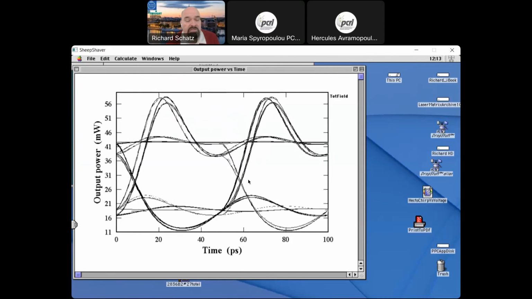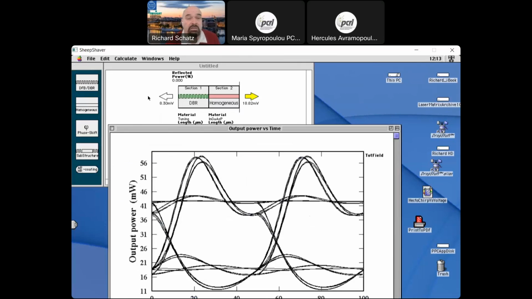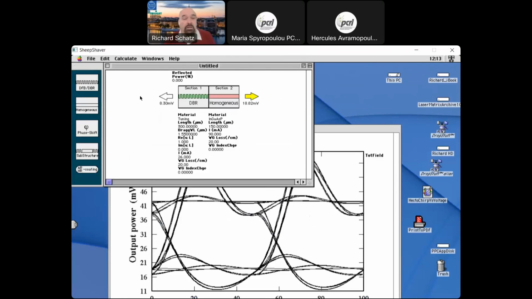But here you now see the eye diagram of this laser, and you see it works quite well at 20 gigabaud, probably also at 30 gigabaud. And that is the end of this simulation, if you don't have any other devices you want to have simulated. So it also ends this webinar.